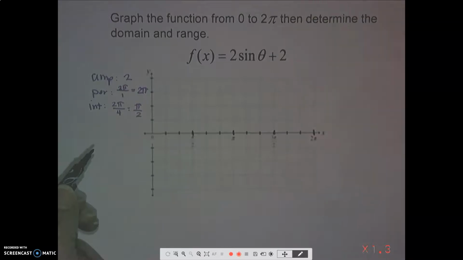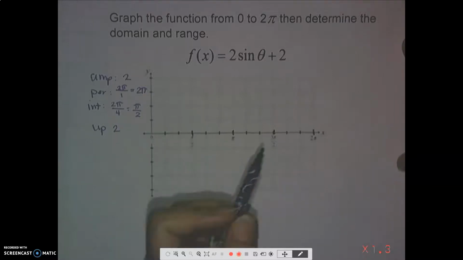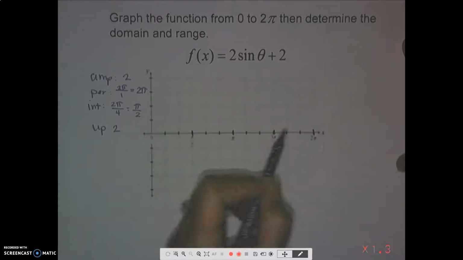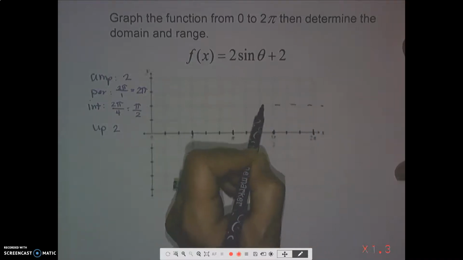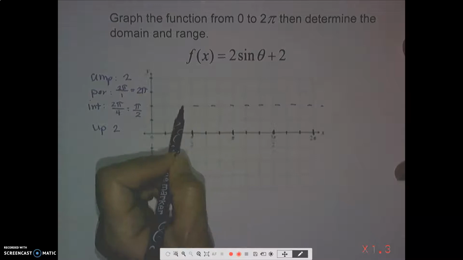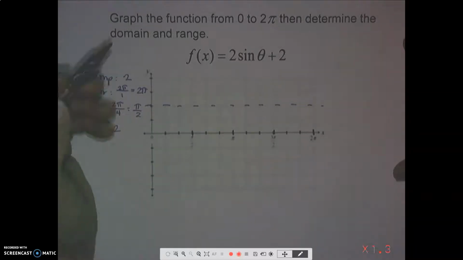Now, that plus 2 means that we're going to move this graph up 2 spaces. So instead of having our midline be the x-axis, our midline has now moved up 2 spaces. So I'm going to dash in this line at positive 2 because that's now my new 0. Okay, so we are starting for sine.